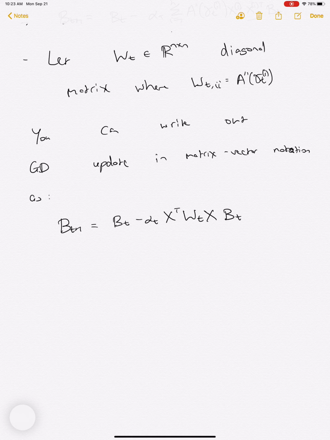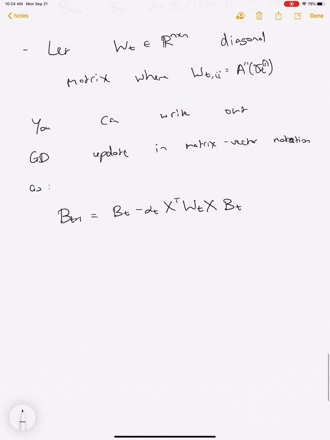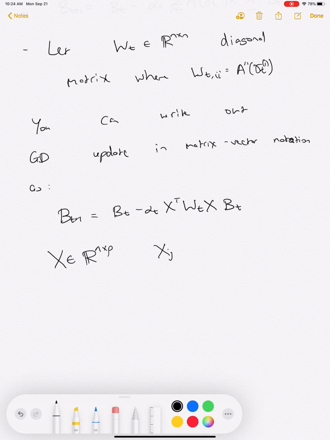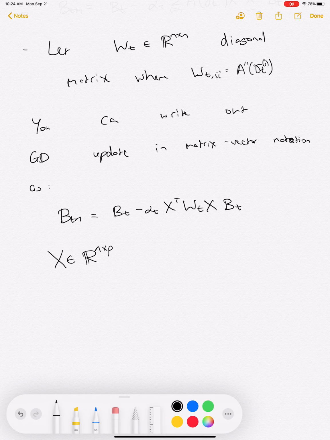okay, so remember that X here, this is a notation that we've already seen here, where X is now an n by p matrix.